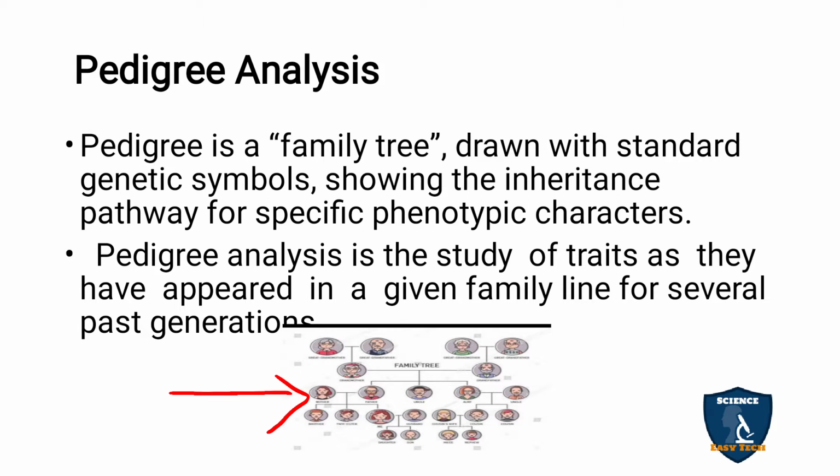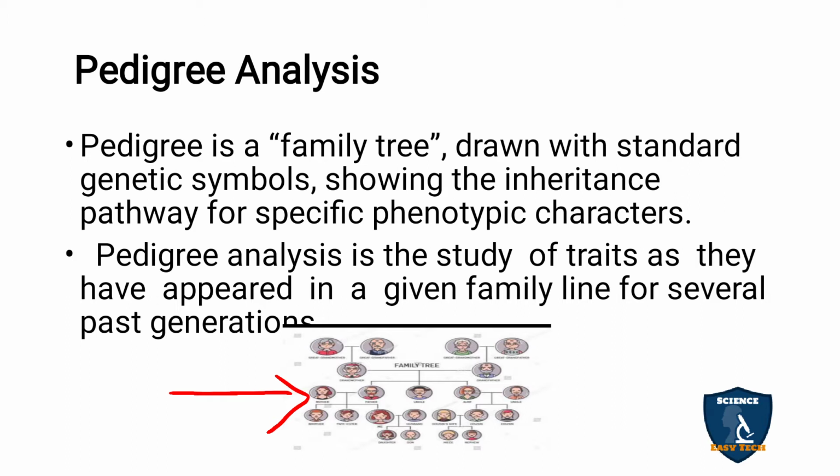So that analysis is going to be done with the help of some genetic symbols to see the phenotypic characters. That is called a pedigree. Pedigree analysis is the study of traits as they have appeared in a given family line for several past generations.